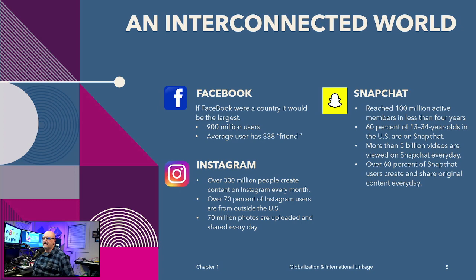Six out of every 10 people who are 13 to 34 years old in the United States are on Snapchat. There are 5 billion videos viewed on Snapchat every single day. Whew. You know, folks, we live in an interconnected world. And we have got to realize that social media is changing the way that we do business globally.